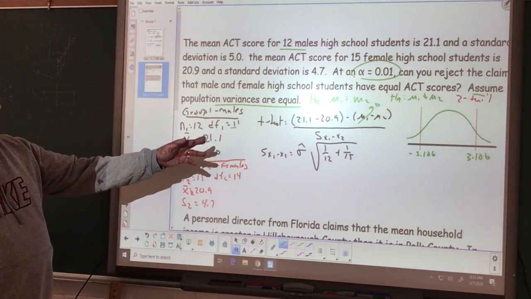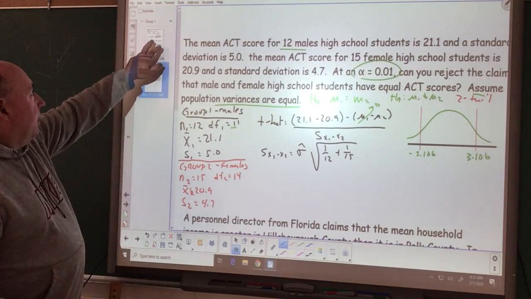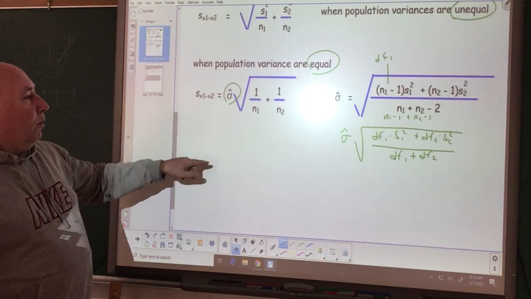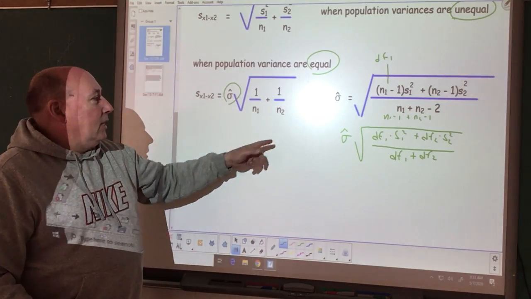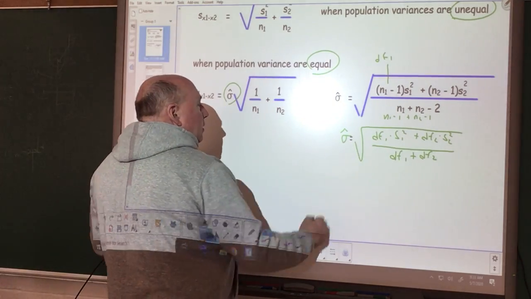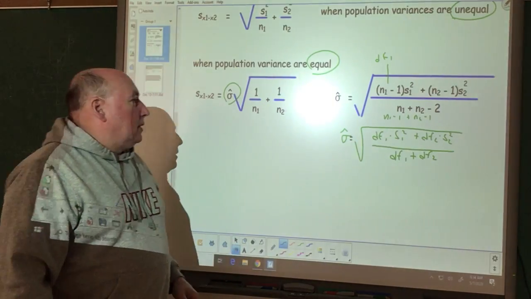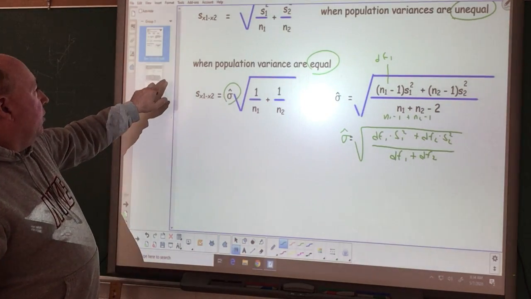The sigma hat, since they are equal, our sigma hat is equal to the degree of freedom 1 times variance 1, plus degree of freedom 2 times variance 2.